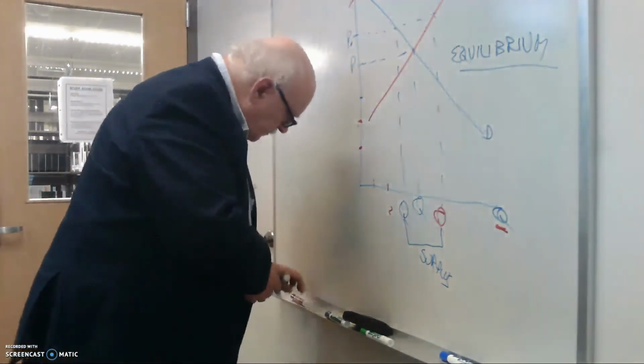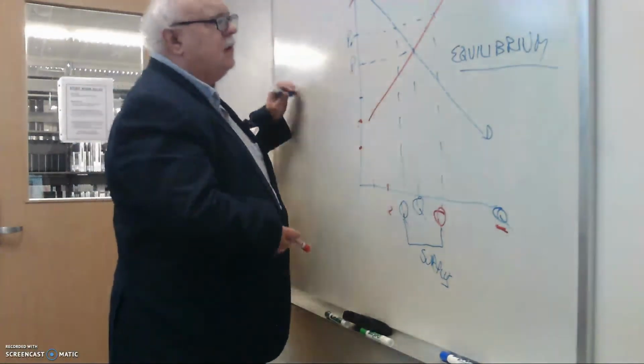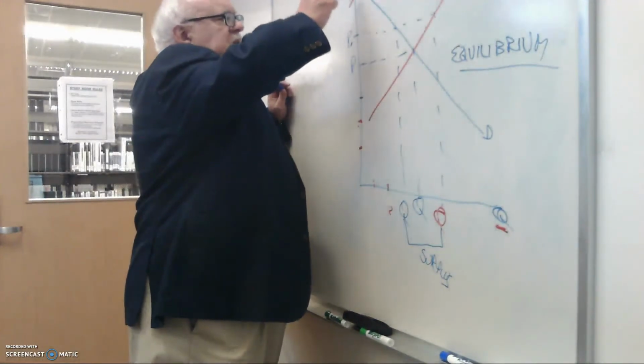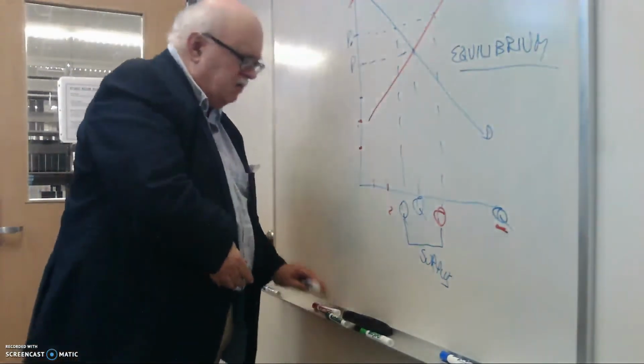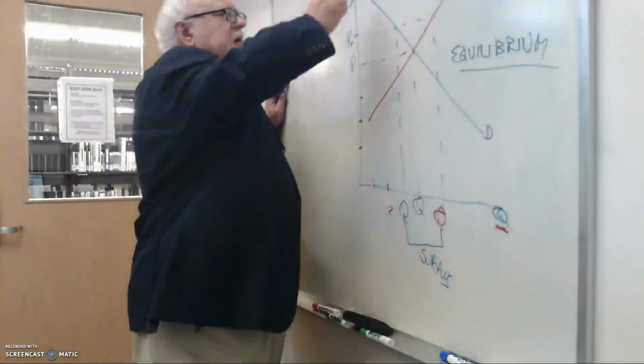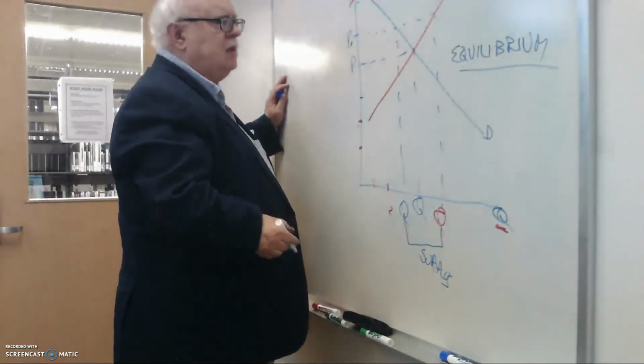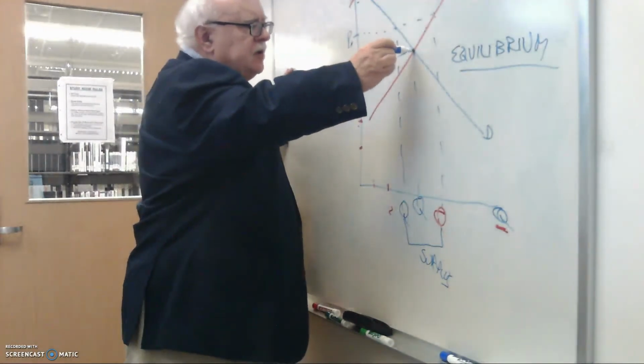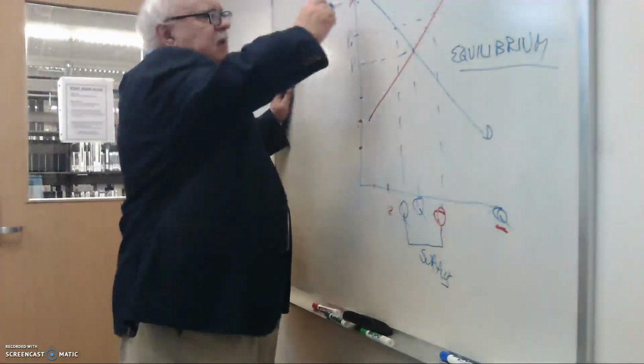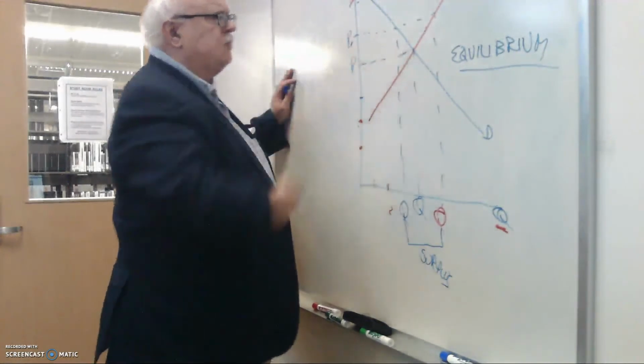Well, notice, there would be some consumers that would be willing to buy a little of this stuff at a high price, okay? But because of the equilibrium that was reached, they can buy a lot more of it at a lower price.